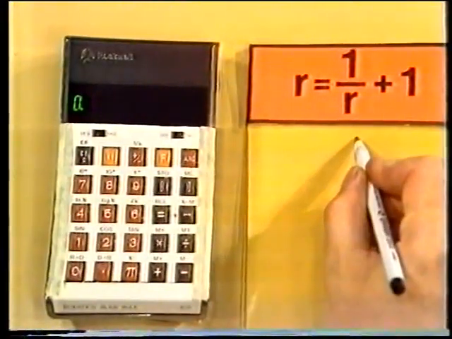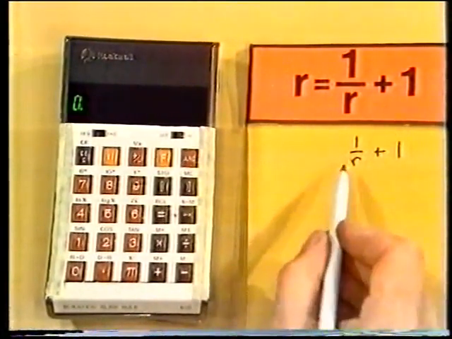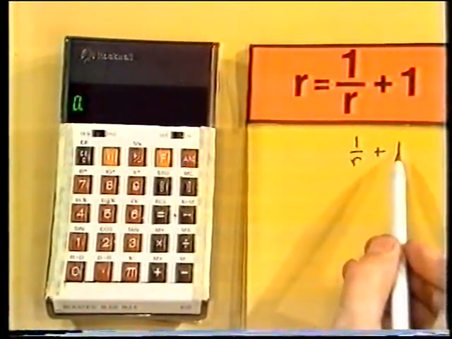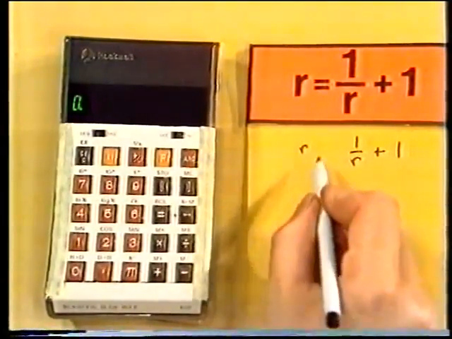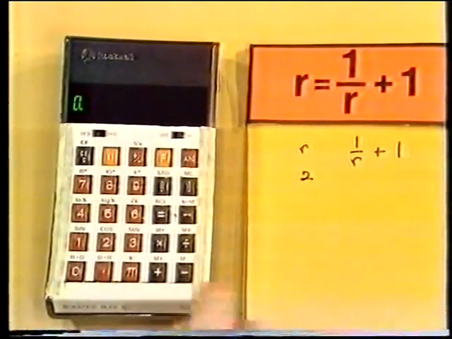To start the iterative procedure, what I do is to look at the right-hand side of this rearranged equation. That's 1 over r plus 1. Now, if I replace r by some number and put it in here, then I'll get another number out. Supposing, for example, I replaced r by 2, then we can calculate what we get on the right-hand side.